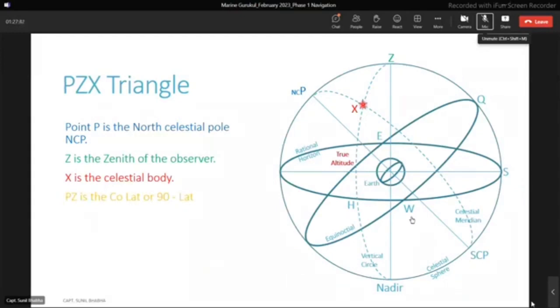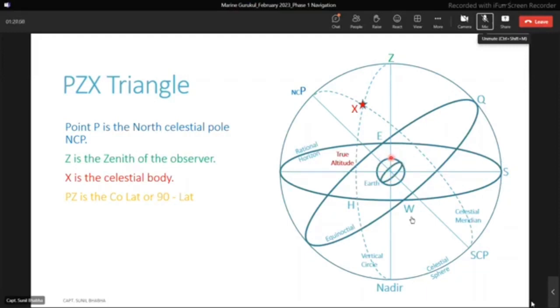Now let's concentrate our attention on the Earth in the center. You see this circle here represents the equator, and this particular position, which is exactly on top of the Earth in our diagram, represents the observer's position.